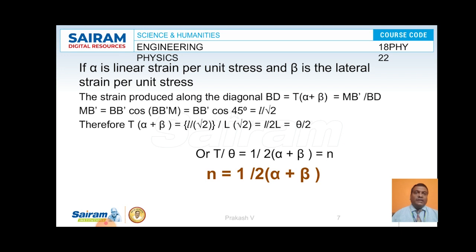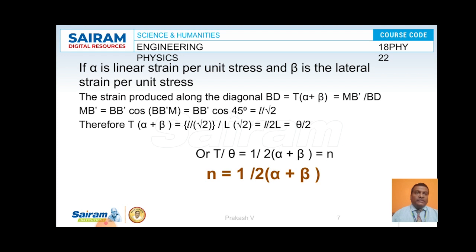So here the angle BB dash M is equal to 45 degree. Therefore, cos 45 degree is equal to 1 by root 2. Therefore, the value of MB dash is equal to l by root 2. And further, the value of T into alpha plus beta can be written as l by root 2 divided by L into root 2.